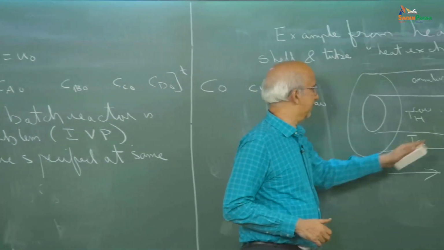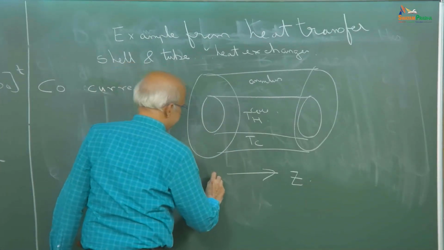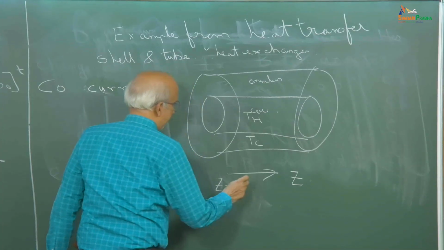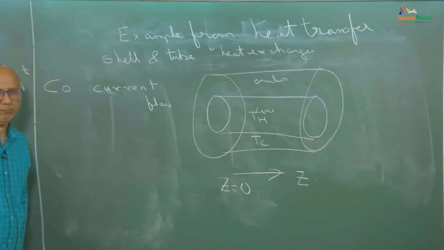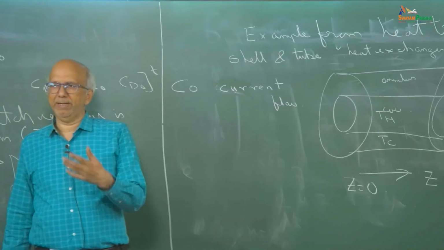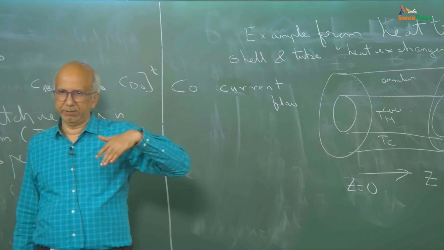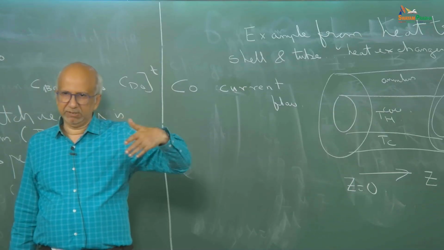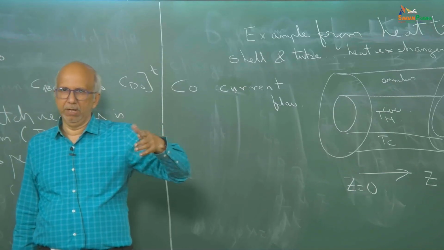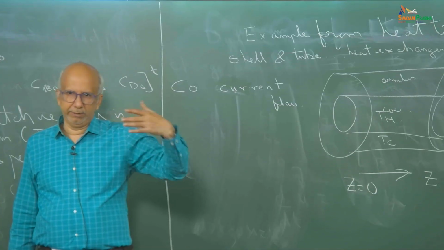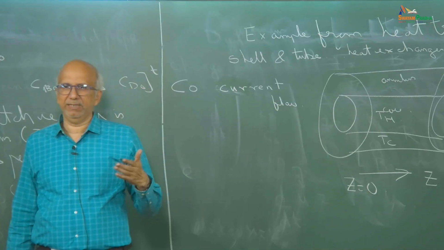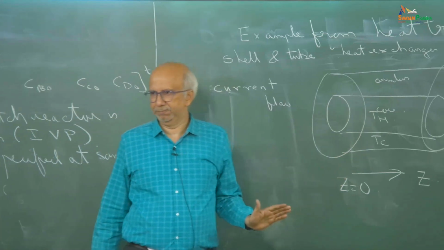The hot liquid is coming here, and this is z equal to 0, the inlet. What we expect to see is that the hot fluid is going to lose heat and its temperature will decrease. The cold fluid will gain heat and its temperature will increase as it flows in the z direction.